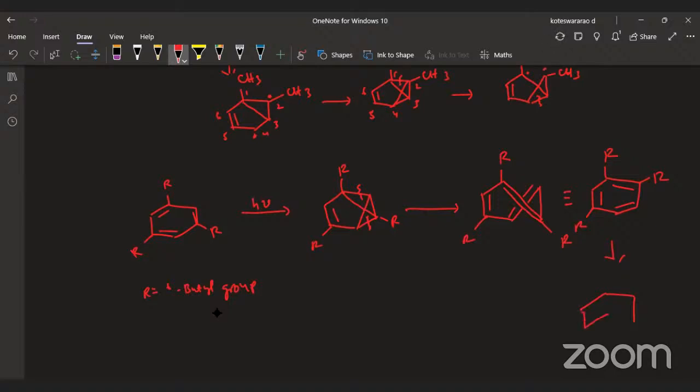Now it may undergo other structural ring isomerization that leads to the Dewar benzene. Dewar benzene is like that. These pi bonds may also undergo cross addition.